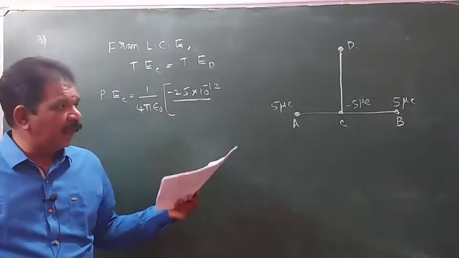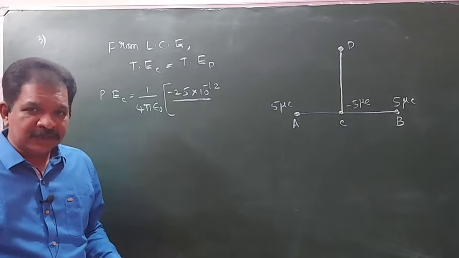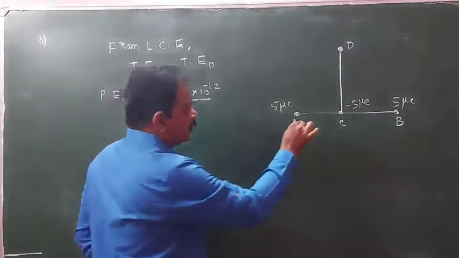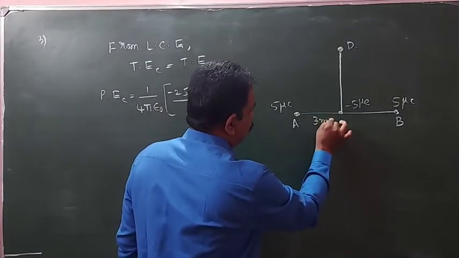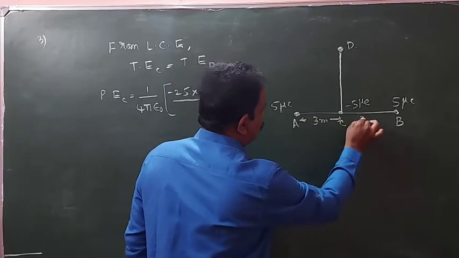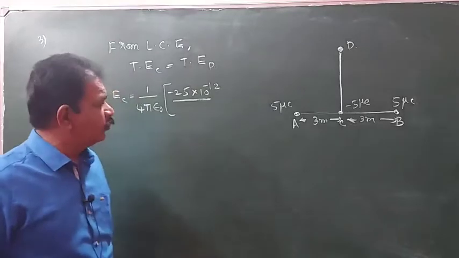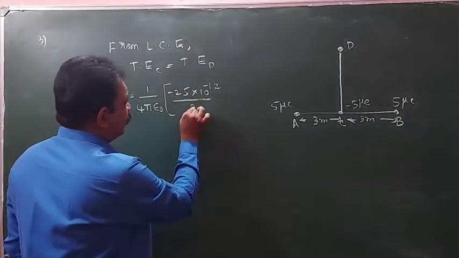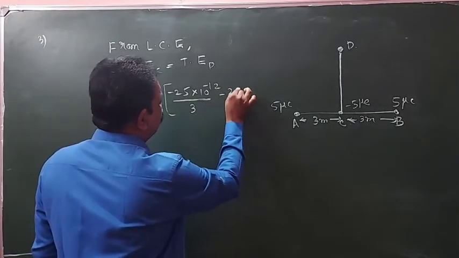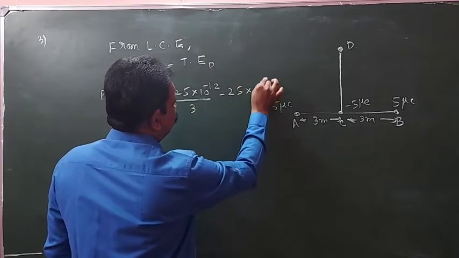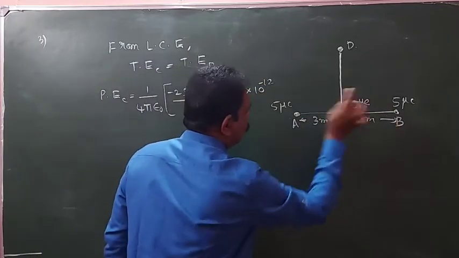Distance between A and B is given as 6 meter, so distance between A and C will be 3 meter. This value is also equal to 3 meter.